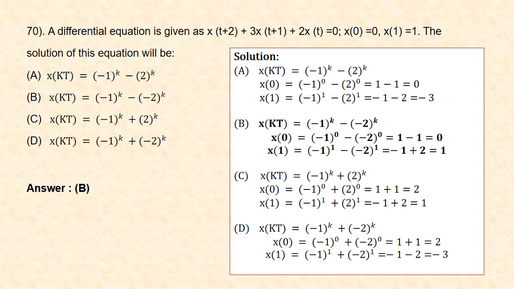For option D, x of 0 is equal to 2 and x of 1 is equal to minus 3. So, option B is the correct answer because it satisfies the two conditions, x of 0 is equal to 0 and x of 1 is equal to 1. So option B, x of k is equal to minus 1 to the power k minus 2 to the power k, is the solution of the above differential equation.